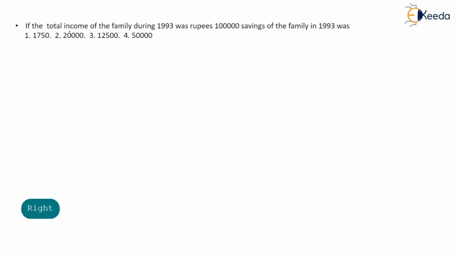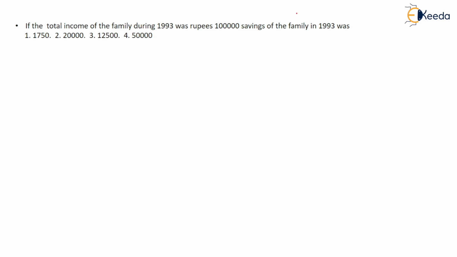Okay. Next question: if the total income of the family during the year 1993 was 1 lakh rupees, the savings of the family in 1993 was... The income was provided to you, the income of the family was this much.